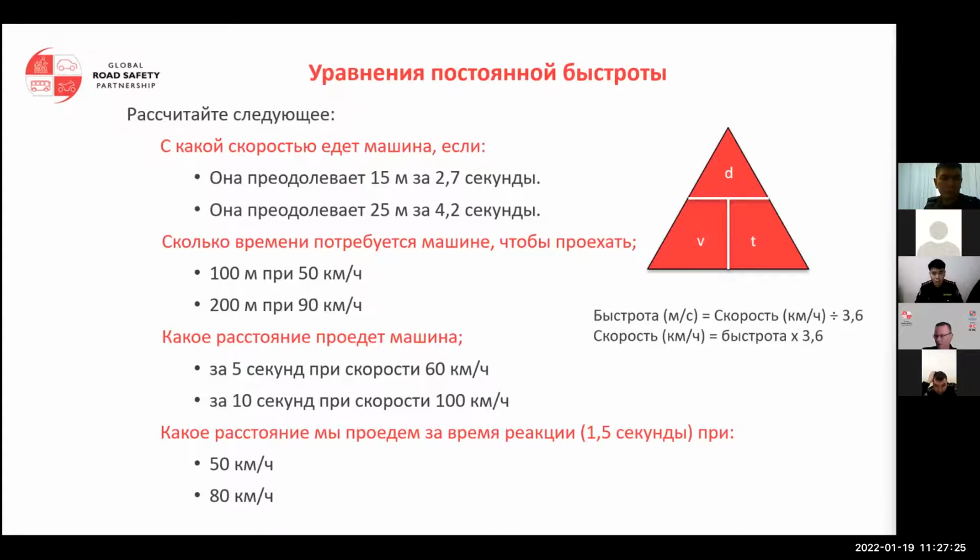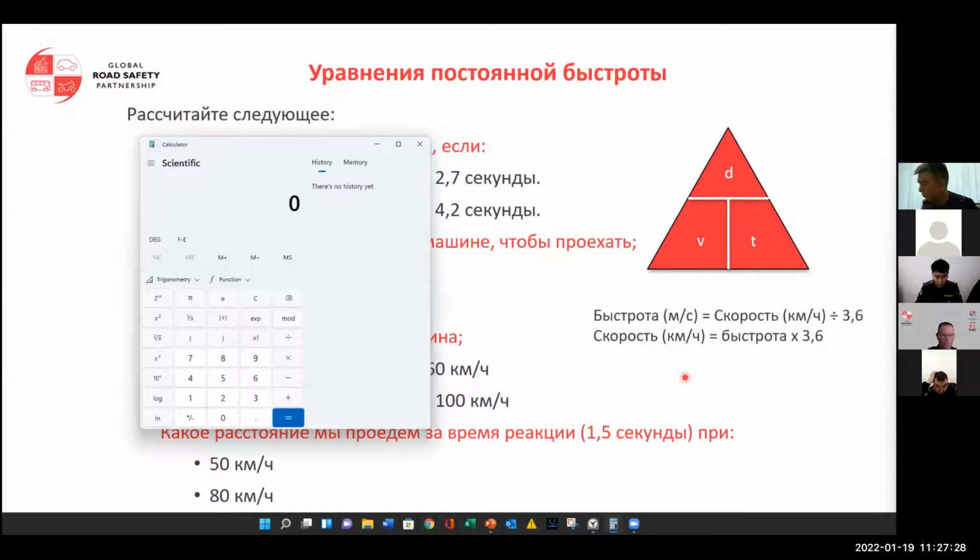The mathematics we do is D, our distance, 15 meters, divided by our time, which was 2.7 seconds. Gives us an answer of 5.55 meters per second. That's the velocity. So every second, that vehicle will move 5.55 meters.